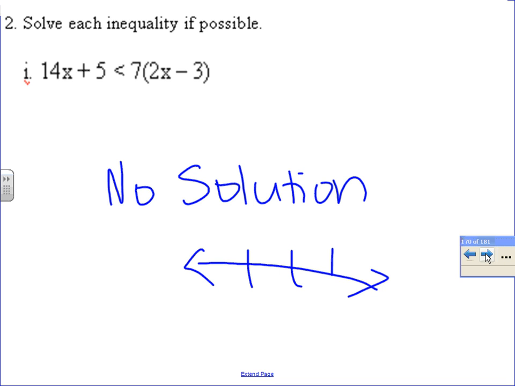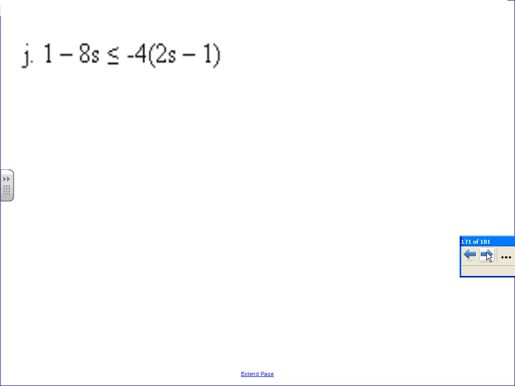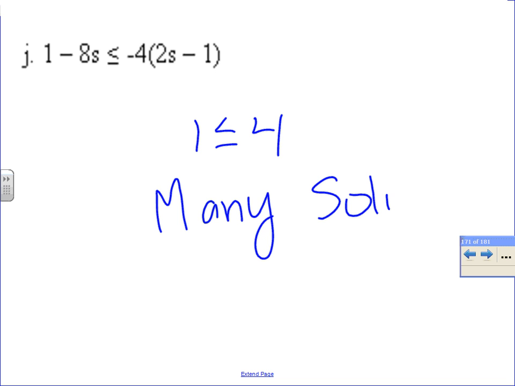Okay, Donatus, what did you and Matt get for letter J? Okay, so what's the answer? Good. Many solutions. So Matt, what would the number line look like since there's many solutions?